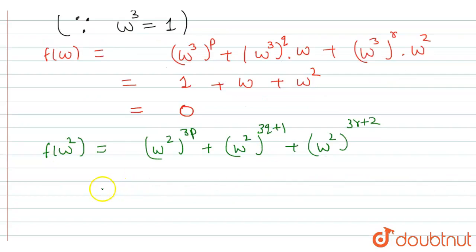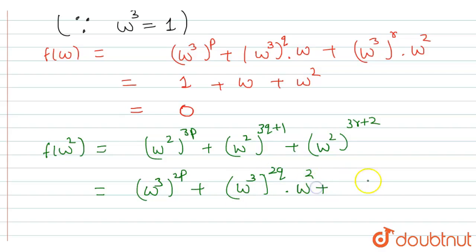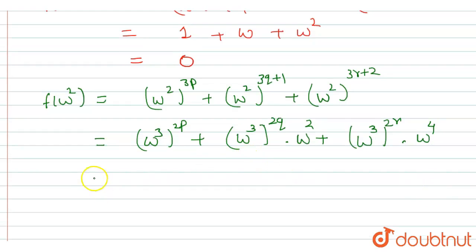This can be written as omega cube to the power 2p plus omega cube to the power 2q times omega square plus omega cube to the power 2r times omega to the power 4. Since omega cube is 1, the first value is 1, the second is omega square, and omega to the power 4 is omega cube times omega, which is omega.